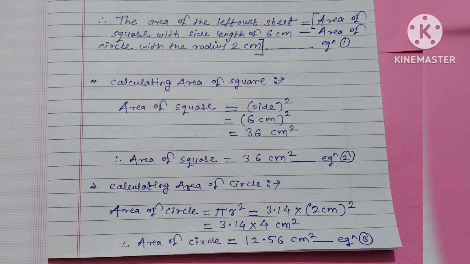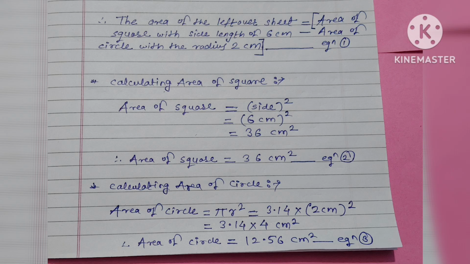So in order to calculate it, I have made the formula ready. The area of the leftover sheet is equal to area of square with the side length of 6 centimeter minus area of circle with the radius 2 centimeter. So in order to calculate this, we need two particular areas, which are the area of the aluminium sheet, or you can also call it the area of the square with the side length 6 centimeter, and also the area of the circle with the radius 2 centimeter.